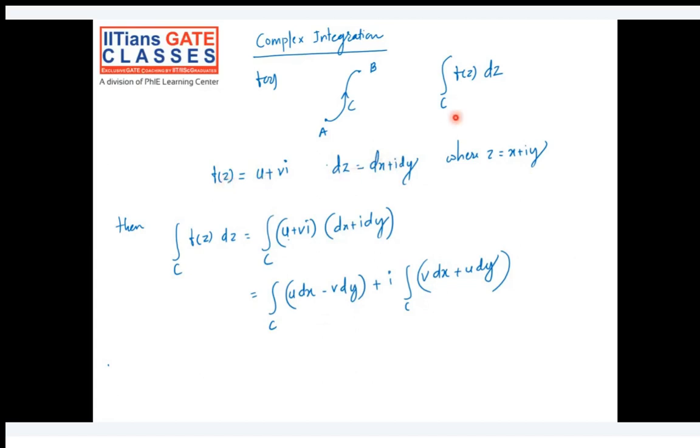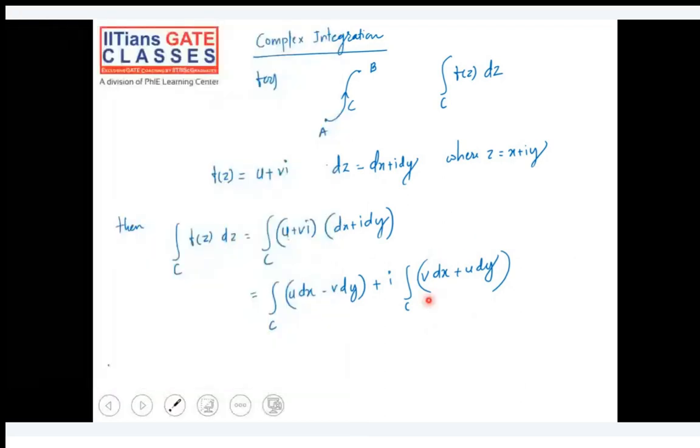Integration over the curve, f of z dz will look like the integral of (u plus vi) times (dx plus idy). If you multiply these two brackets, what do we get? u dx minus v dy, plus i times (v dx plus u dy). So the real part is one integral, and the second integral is the imaginary part.